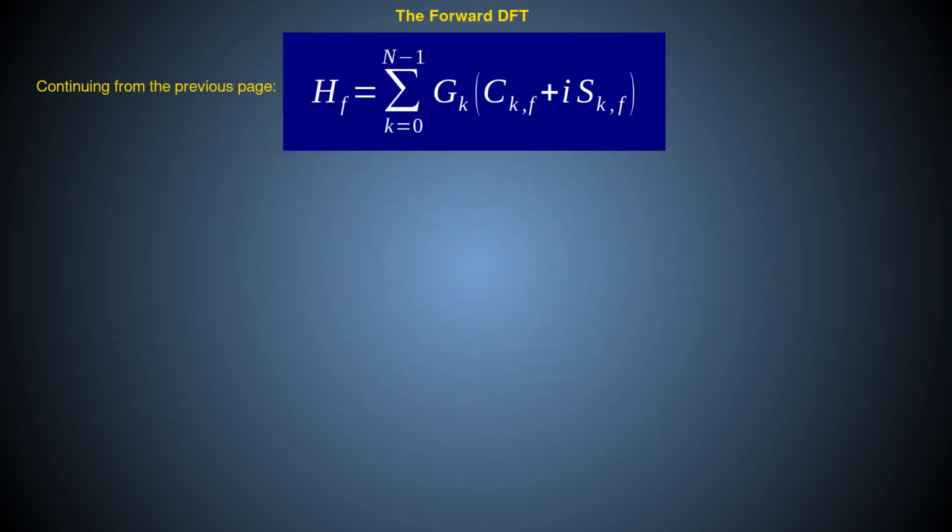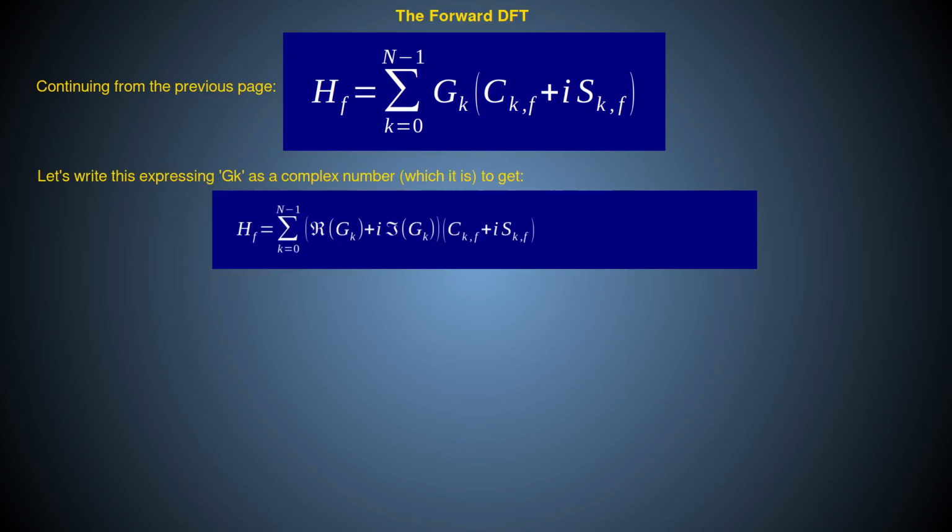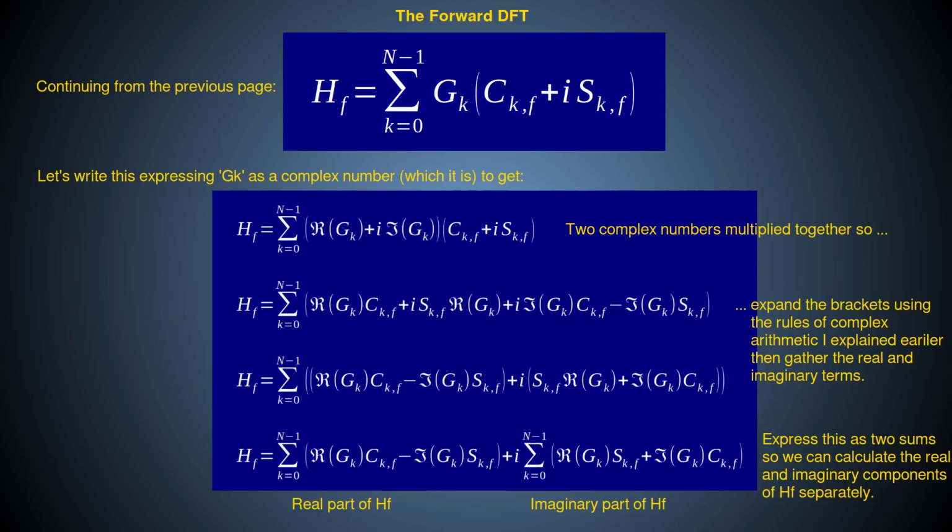So now we have this simplified notation, and we know that the g_k are all complex numbers. So let's write the g_k components out in full, like this. Now you see that we're multiplying one complex number with another complex number. So let's expand this according to the rules of complex arithmetic I showed you earlier.